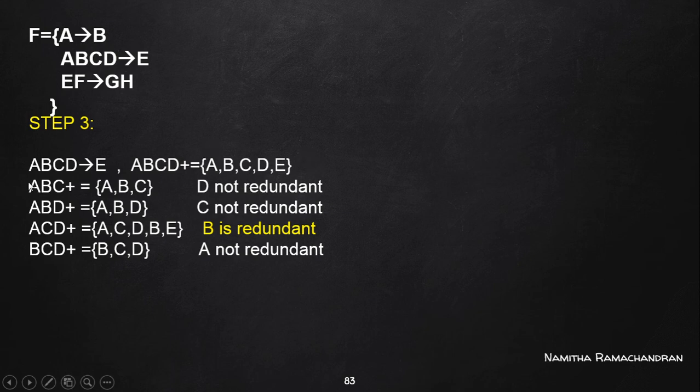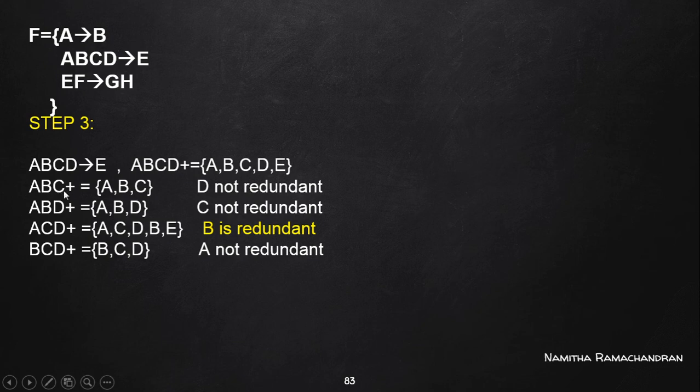After that, find the closure of ABC in order to check whether D is redundant or not. The ABC closure is ABC alone. That means while removing D, the ABC combination can't derive all the attributes that ABCD can derive.